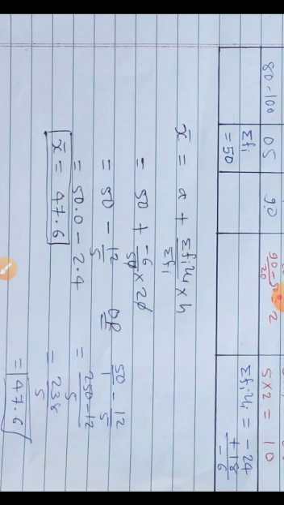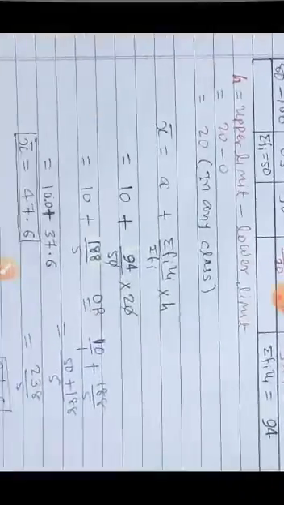So 0 cancels out, 6 2s are 12 upon 5, and that is converted into decimal, so it is 2.4. So 50 minus 2.4 means 50.0 minus 2.4. If you calculate it, it will give the answer 47.6. That is our same answer, just like the previous one.